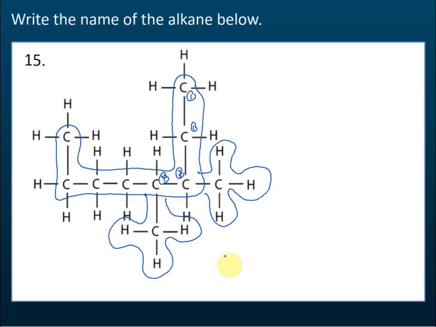So the positions of the branches are 3, 4 dimethyl. Longest chain 1, 2, 3, 4, 5, 6, 7, 8. The name is octane. Now usually in SPM they won't give you this complicated case. This one just wants to test you. In the exam they will give you a very simple one. It won't be as complicated as this one.